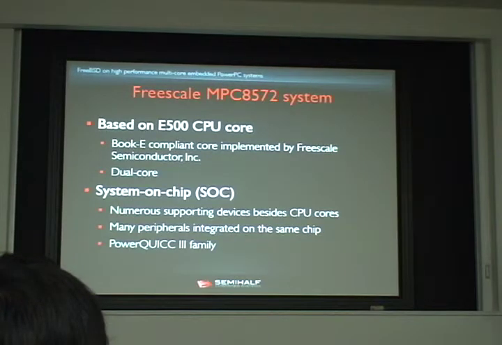In the particular context of this talk and this work is the Freescale implementation of this Book E specification, and the exact core CPU that we'll be dealing with is the E500, which is this vendor's implementation. One important thing that I had on the previous slide but didn't comment more on is that Book E, even though it's a specification, leaves certain very lowest level details to the discretion of vendors' implementation.